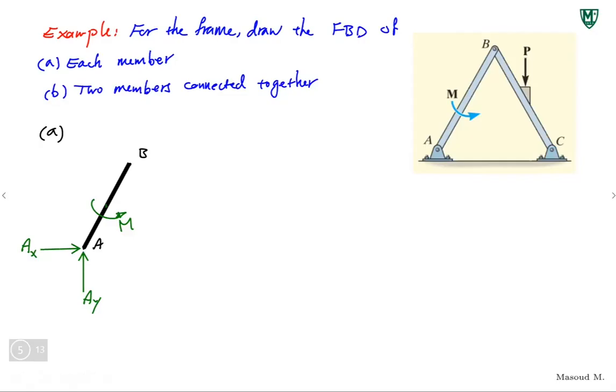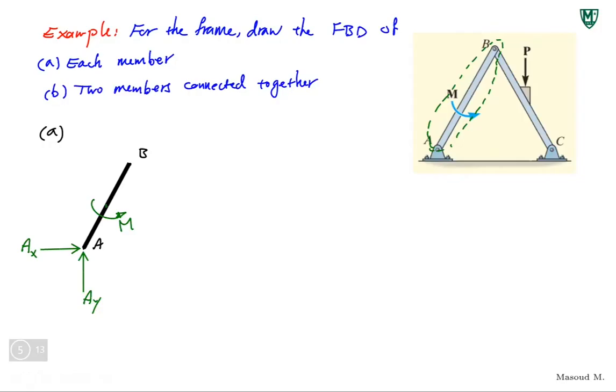Remember that we're taking this out of this whole frame. We're isolating this member right there, following the procedure. Now we should put all the internal and external forces. I put AX and AY because I removed the support, so the support reaction is there.